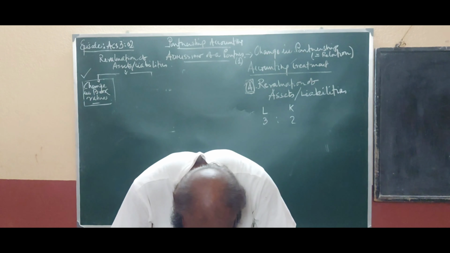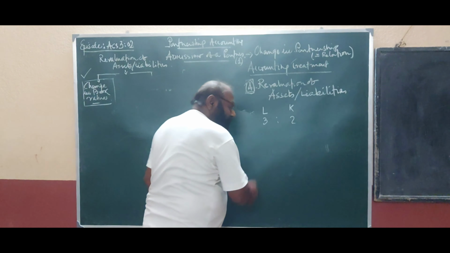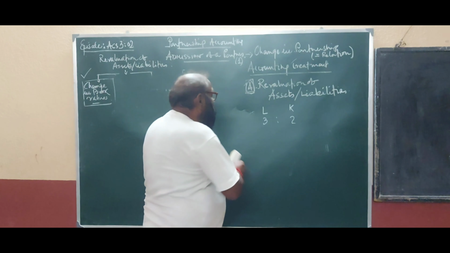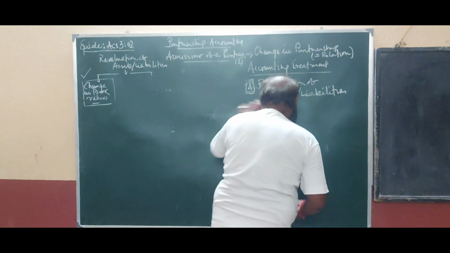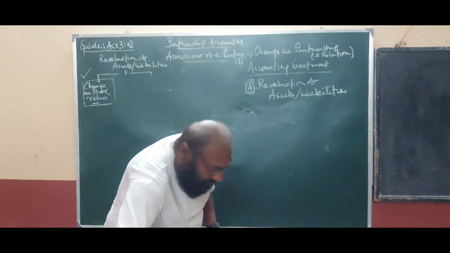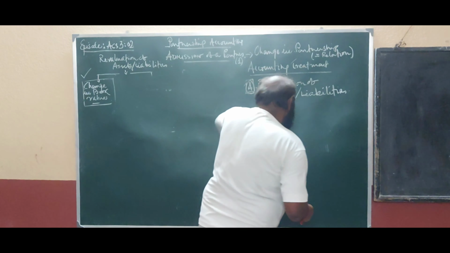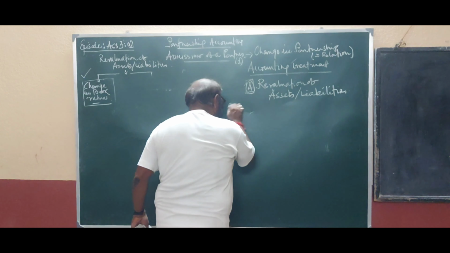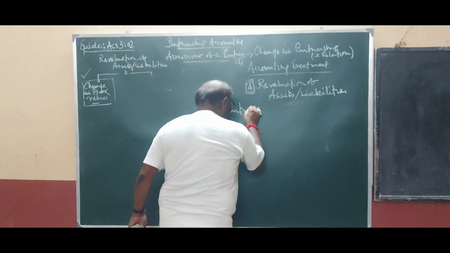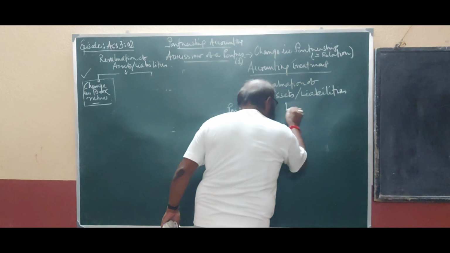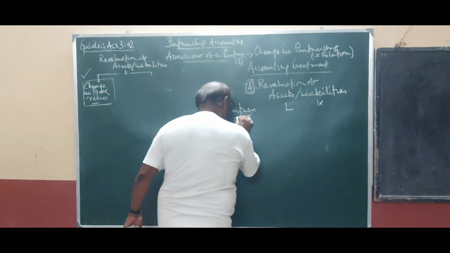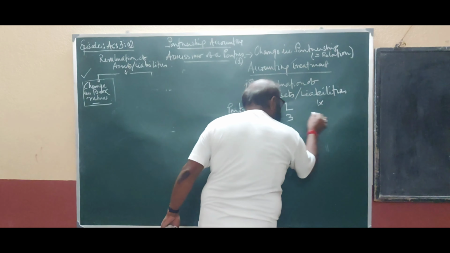Their capital account, opening capital, I am writing it in short. Partners Lark and Kite, profit sharing ratio 3:2.